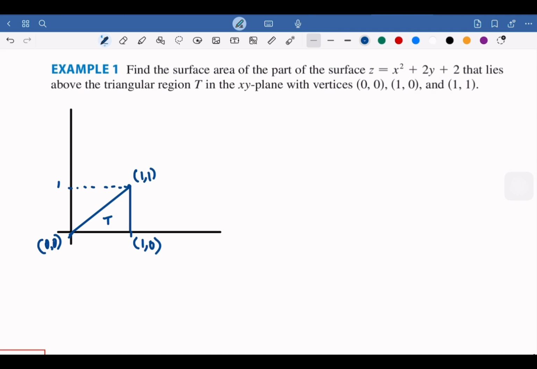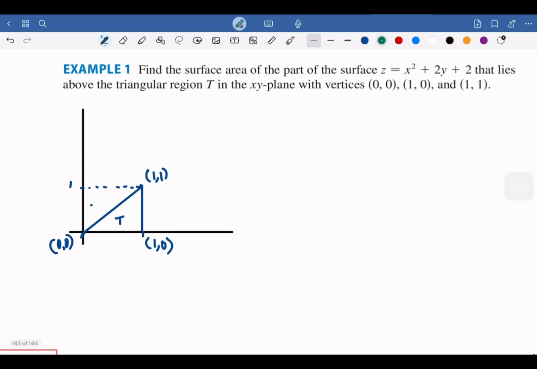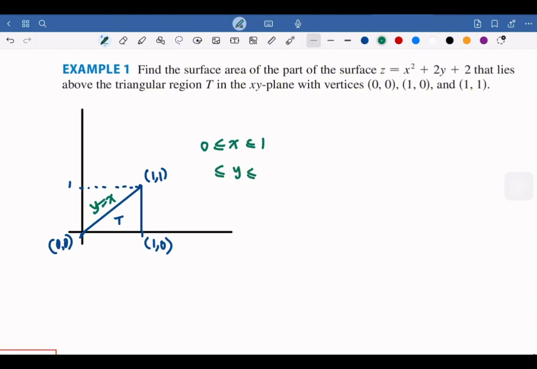We could make y a constant, or we could make x a constant, and the other one would be based on this line, right? And this line is just y equals x. The slope is just 1. For example, if we take x from 0 to 1, then how about y? y we could take from 0 to x.